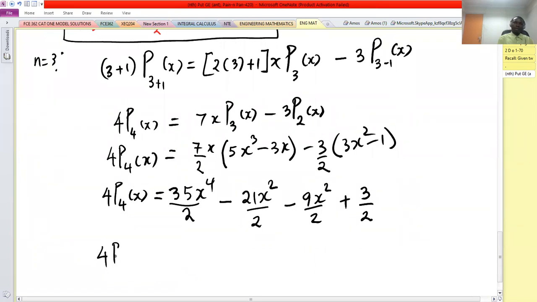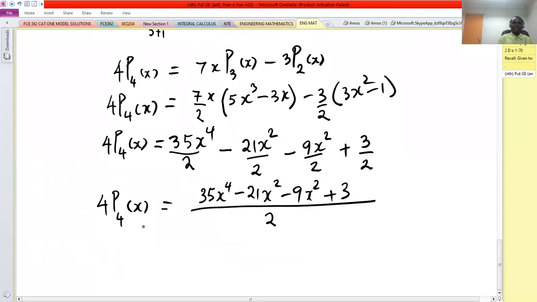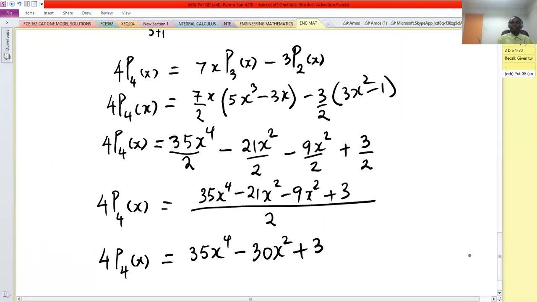So clearly, the right-hand side will give us everything divided by 2: 35x to the power 4 minus 21x squared minus 9x squared plus 3. And minus 21 minus 9 is minus 30. So we have 4 P4 of x equals 35x to the power 4 minus 30x squared plus 3, and then everything is divided by 2.